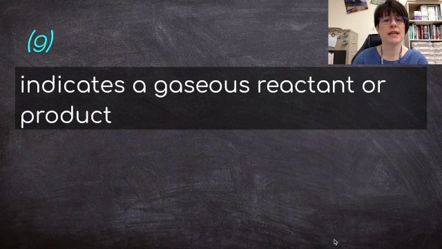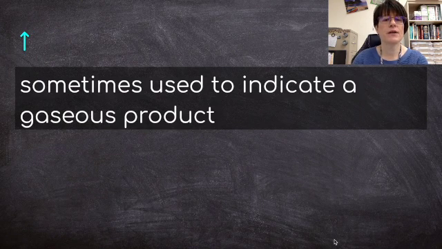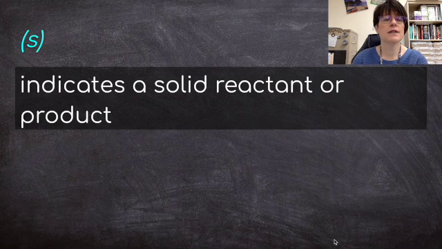Lowercase g in parentheses indicates a gaseous reactant or product, and a lot of times this will be hard for you to write, but a lot of times you'll see this in italics. An up arrow is sometimes used to indicate a gaseous product as well, but only products, not reactants. Lowercase s in parentheses indicates a solid reactant or product.